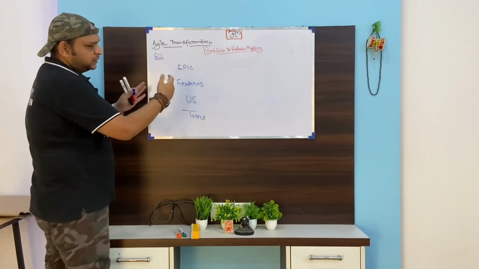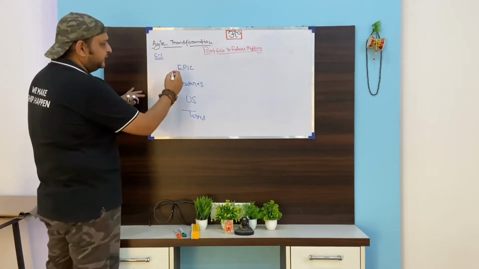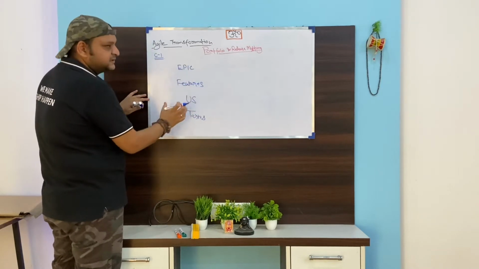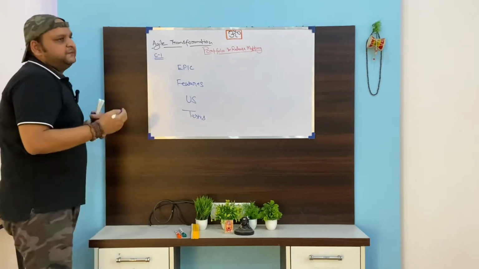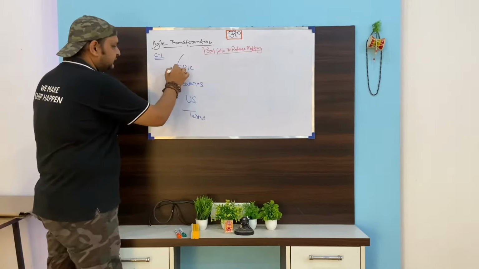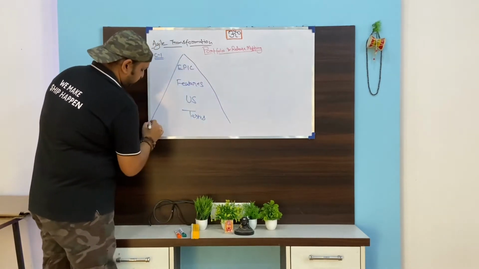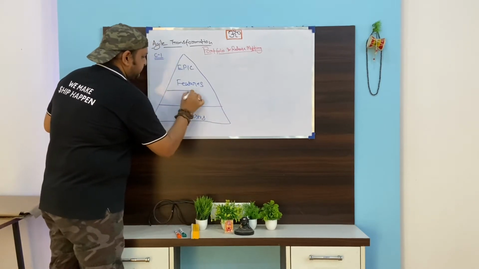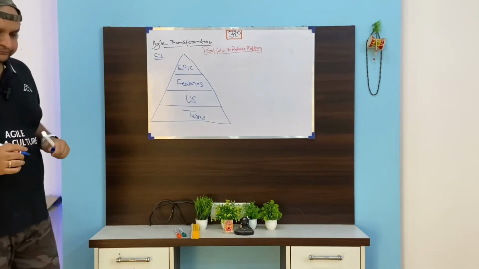If we try to create a pyramid, this epic is divided into multiple features. These features can be accomplished by doing multiple user stories, and one user story can again be divided into multiple tasks. So this is the portfolio pyramid.